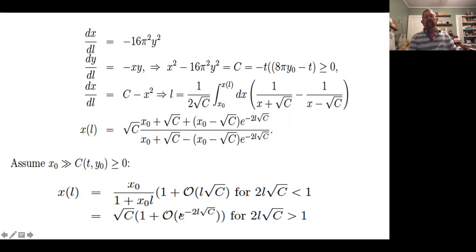And if 2L root c is greater than 1, the approximation to this x of L is just root c plus terms which vanish as L goes to infinity. And so in other words, when L goes to infinity, this x of L becomes the square root of c. And remember, c is proportional to minus t.